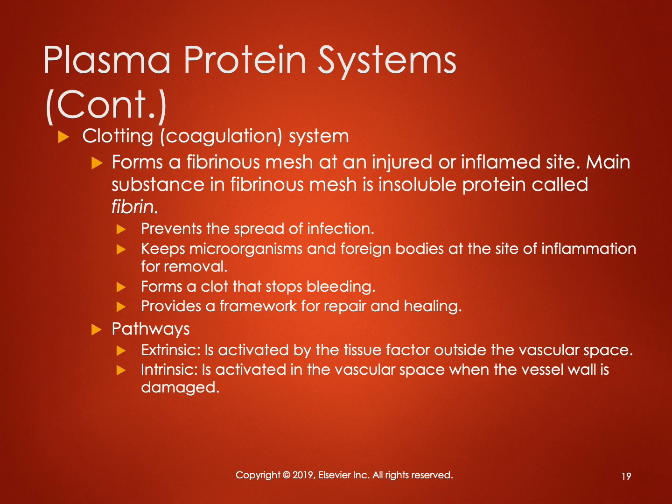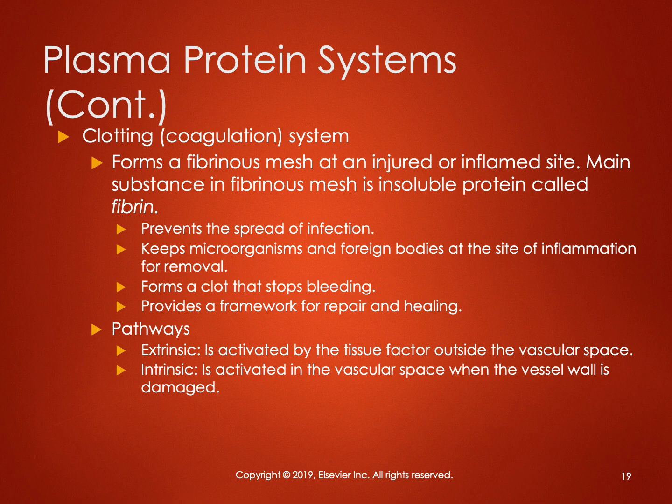Now let's talk about the intrinsic pathway and how it's activated. Hageman factor, which is factor 12, in the plasma contacts substances exposed by vascular injury. When it does that, that is how it activates the intrinsic pathway.